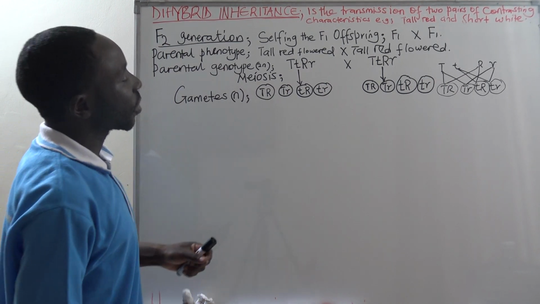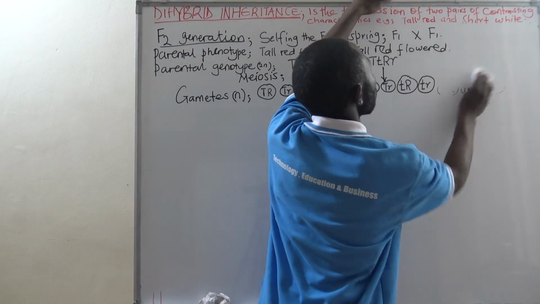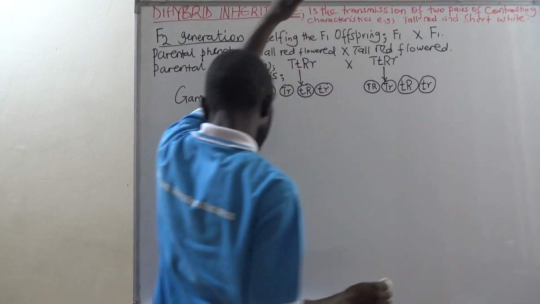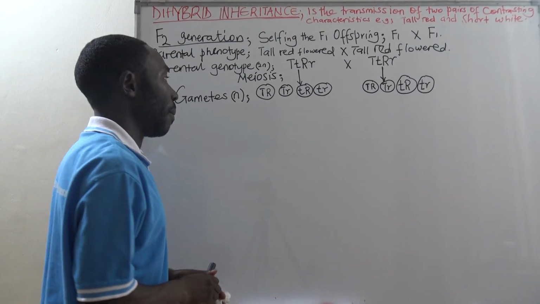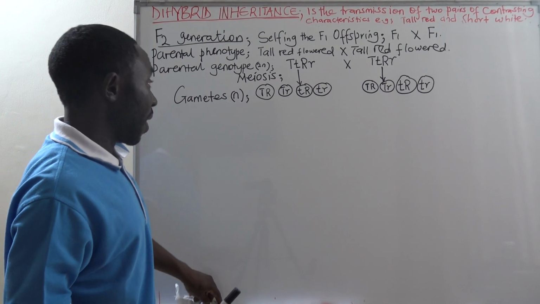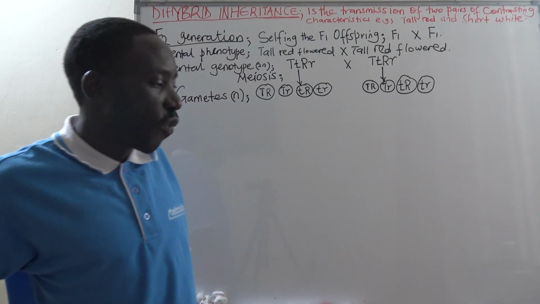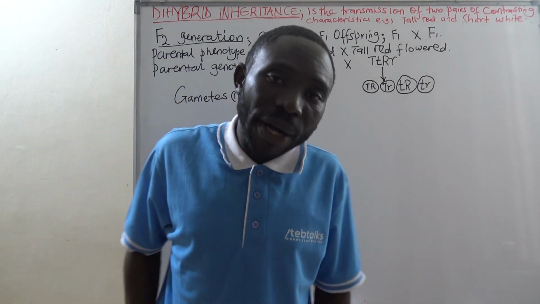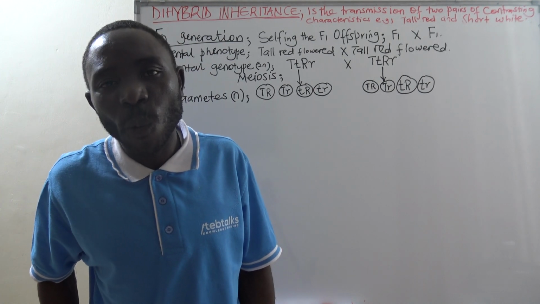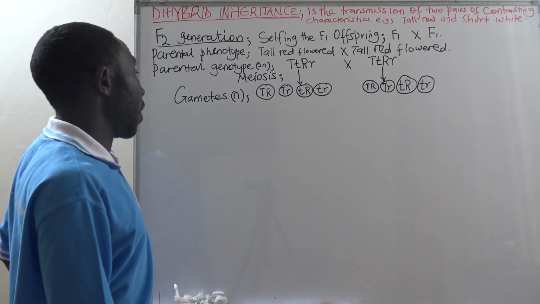What follows next is fusion of the gametes. The gametes fuse together, and the fusion is random. There is no order. So we say that each member of an allele pair can randomly combine with the allele of another gene pair.